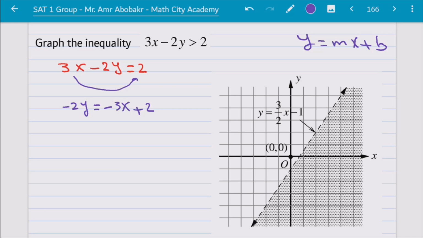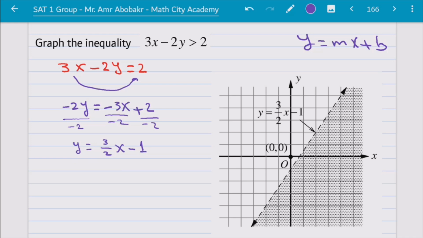Negative 2y. How can we graph it? Now we can divide by negative 2. So y equals 3 over 2 x minus 1, because 2 divided by negative 2 is negative 1.